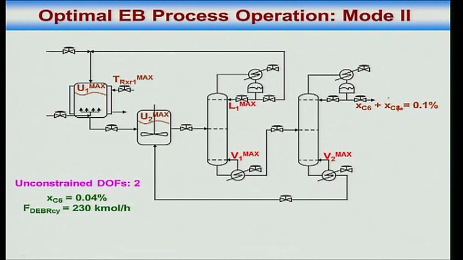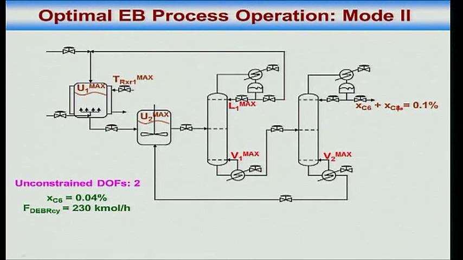So if I relax on C10, that means XC10 is increasing, which means XC6 must decrease. As I increase the XC10 in the top, reflux would decrease. If the boil up remains at V2 max, I will need to put in more feed to this column. That means my throughput goes up, right? My FC2 goes up. I want to maximize FC2.